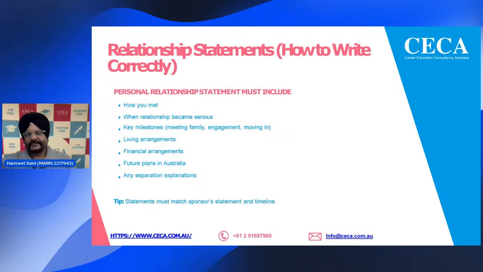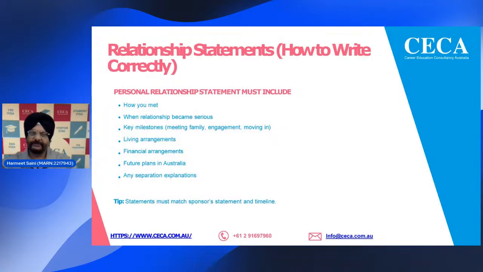When you're drafting your relationship statement, you must include how you first met, where you met, when the relationship became serious, and what the key milestones in your relationship were, like meeting family, engagement, and moving on. Also your living arrangement, financial arrangement, how you're going to spend life together, future plans in Australia, or any separation evidence.